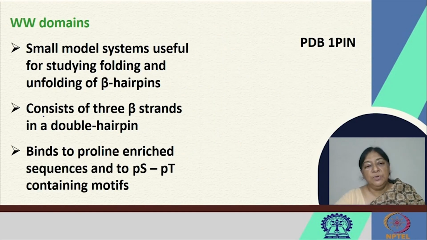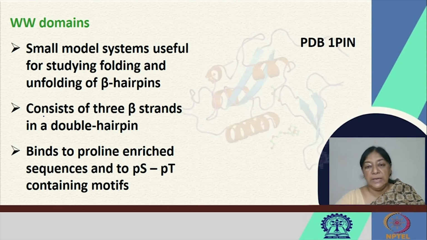The WW domains are small model systems that are useful for studying folding and unfolding of beta hairpins. These consist of 3 beta strands in a double hairpin mode and again bind to proline-enriched sequences and also to phosphoserine and phosphothreonine containing motifs.